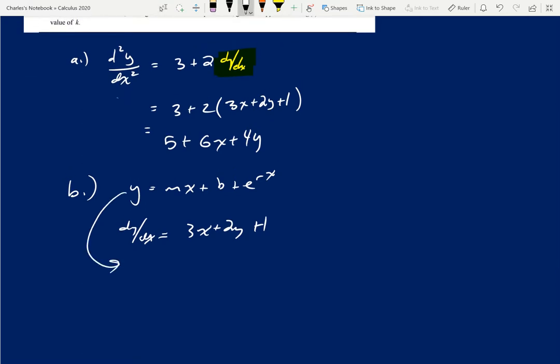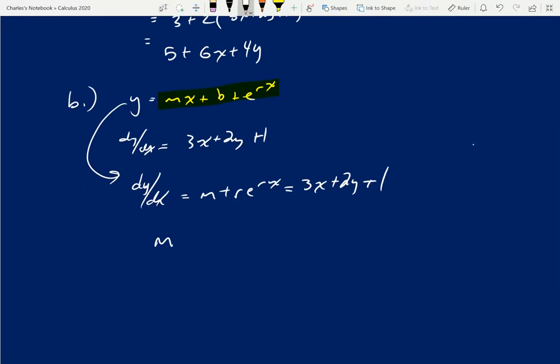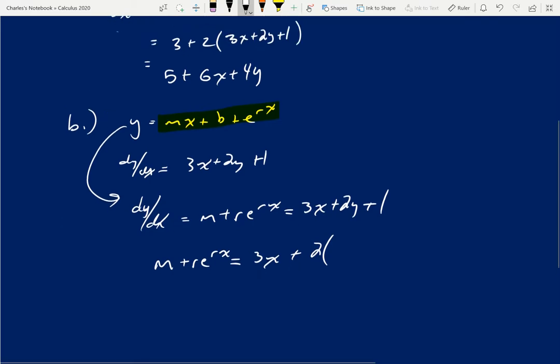Well, they'll be true when the slope of this, dy/dx, is equal to m. What I'm doing right now is I'm taking the derivative of this: m plus r e to the rx. That has to be equal to 3x plus 2y plus 1. Remember, this is for all x and for all y, and we know that y is defined explicitly as a function of x, which is mx plus b plus e to the rx.